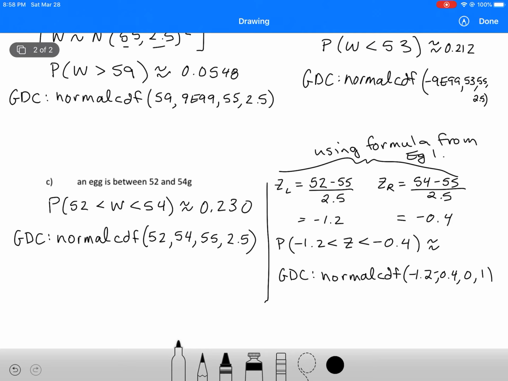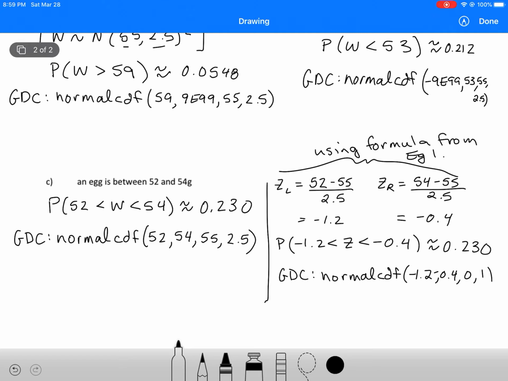Now when we do this, we should get the same answer: 0.401... which again gives you about 0.230.